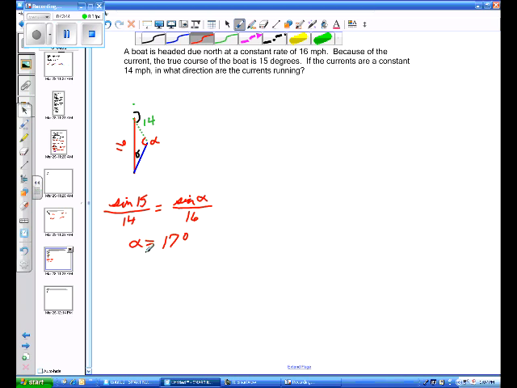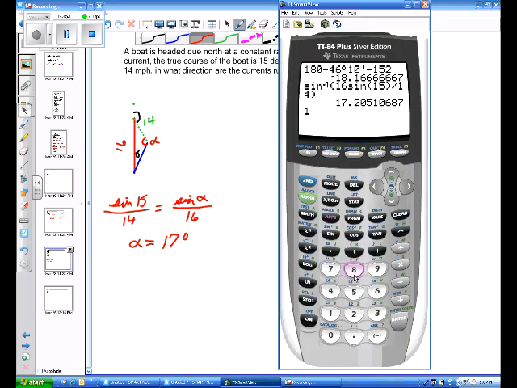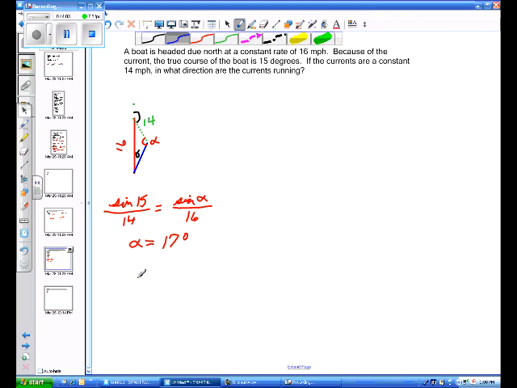But we also know this is the ambiguous case, so let's see what else it could have been. 180 minus 17. It could also be 163 degrees. So alpha could have also been 163 degrees.